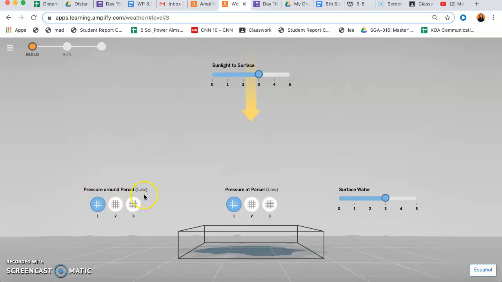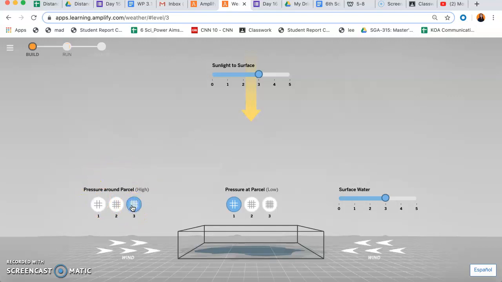The pressure around the parcel is low, and the pressure at the parcel is also low. That is not going to create any wind because they are the same. I'm going to change the pressure around the parcel to be high, and now I can see there's wind flowing towards the air parcel on both sides.